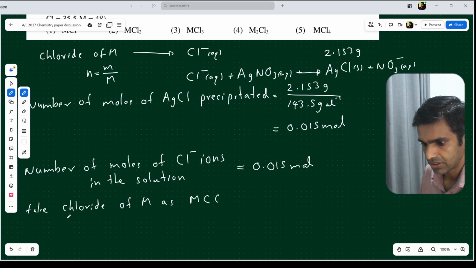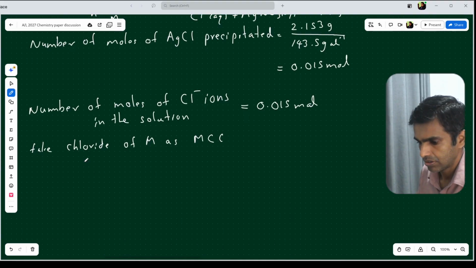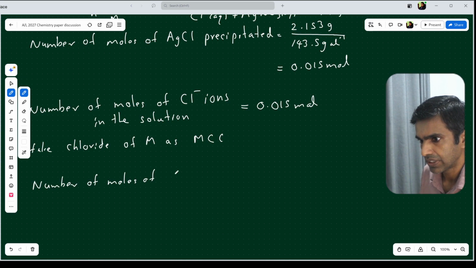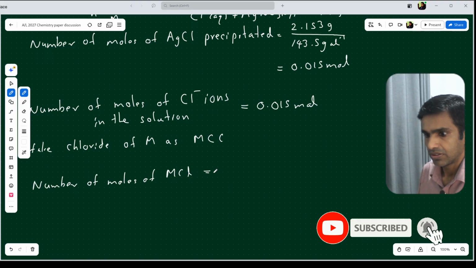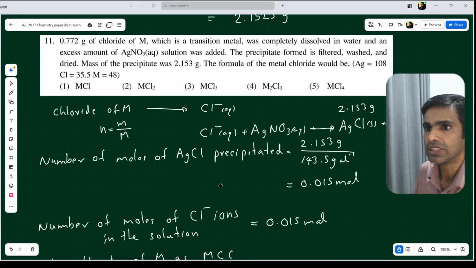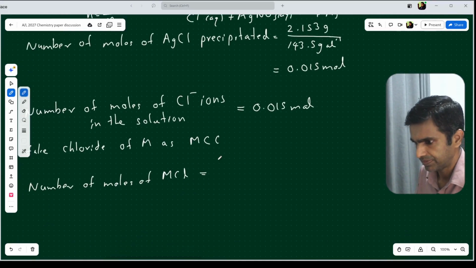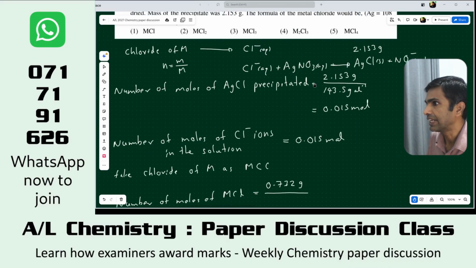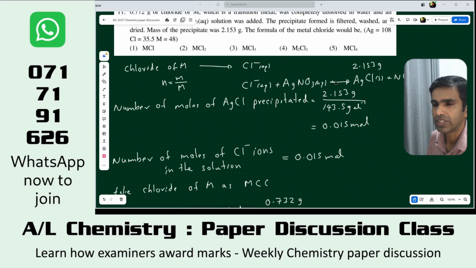So we can calculate the number of moles of MCl. The mass of chloride of M is 0.772 grams, so 0.772 grams over the molar mass of MCl. M 48, chlorine 35.5.